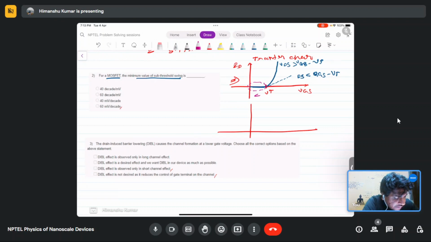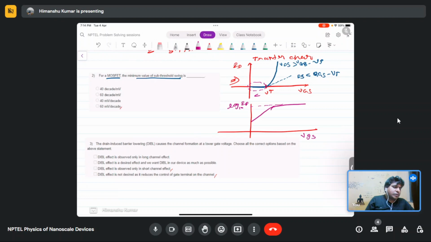Now in the subthreshold region, the current increases, and in the subthreshold region this goes linearly. We are plotting log base 10 of ID versus VGS.